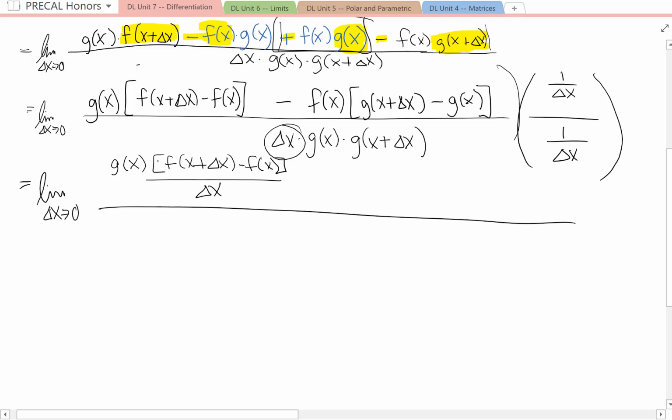The g of x is being multiplied, so you can extend the fraction bar, or you don't have to. Minus f of x. Take that out, and you have g of x plus delta x minus g of x.